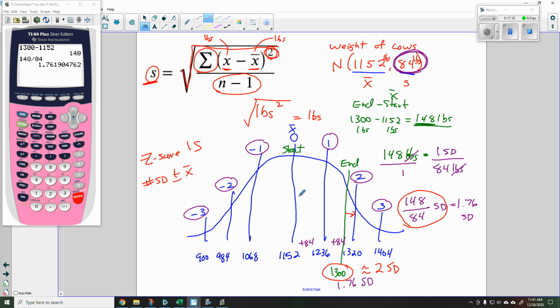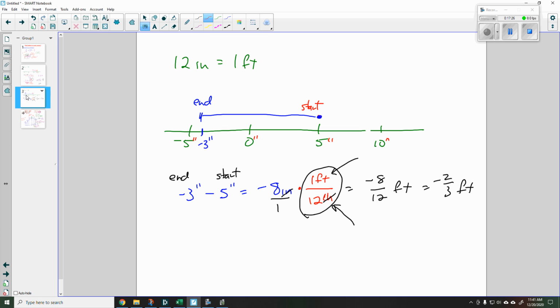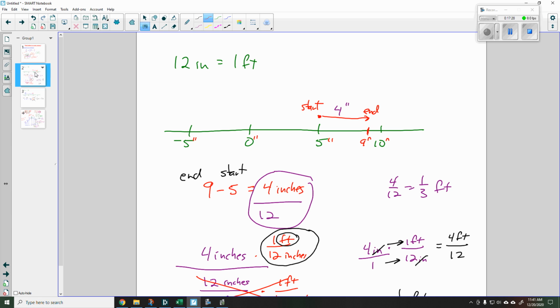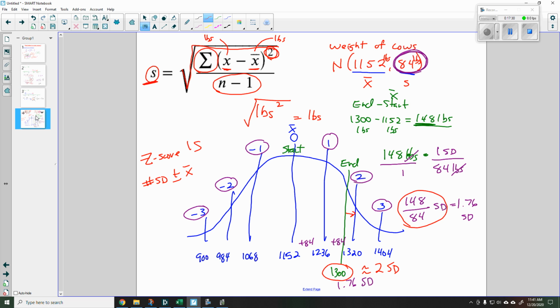And we're finding it using the exact same methodology that you would use to change inches into feet, except that in this case, we're not changing inches into feet, we're changing pounds into standard deviations.